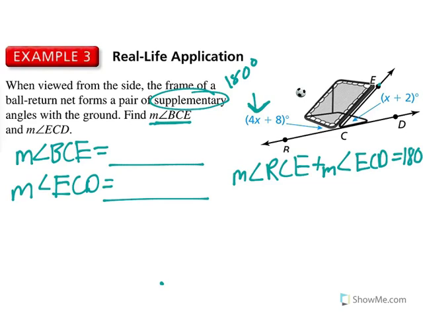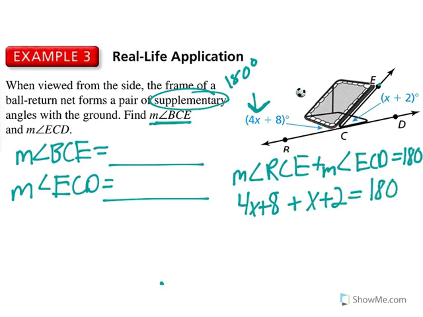A lot of times we want to jump ahead and just plug things in, and then we get confused on our equation. So go ahead and write out what you know. So I know if they're supplementary, I can add them up to be 180. So then I can look back, and BCE is 4x plus 8, plus ECD is x plus 2, so that equals 180.